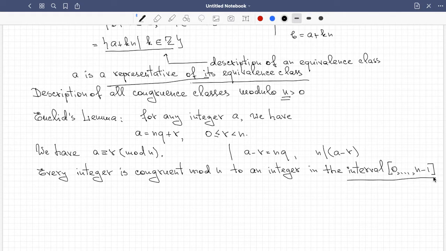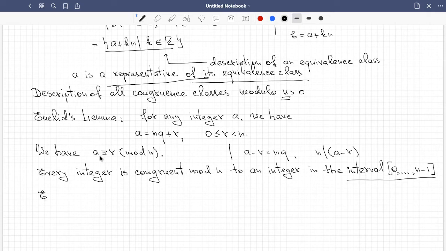We can reformulate that in the language of congruence classes. We take an integer, it belongs to some congruence class; r congruent to a means it belongs to the same congruence class as a. So every congruence class has a representative.